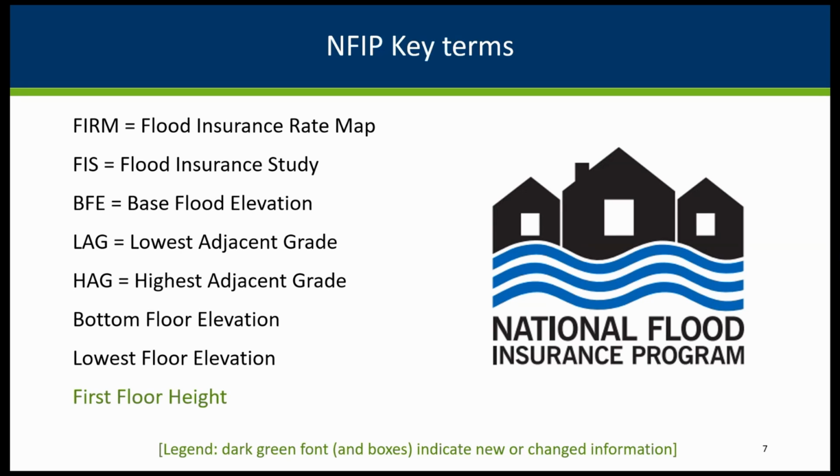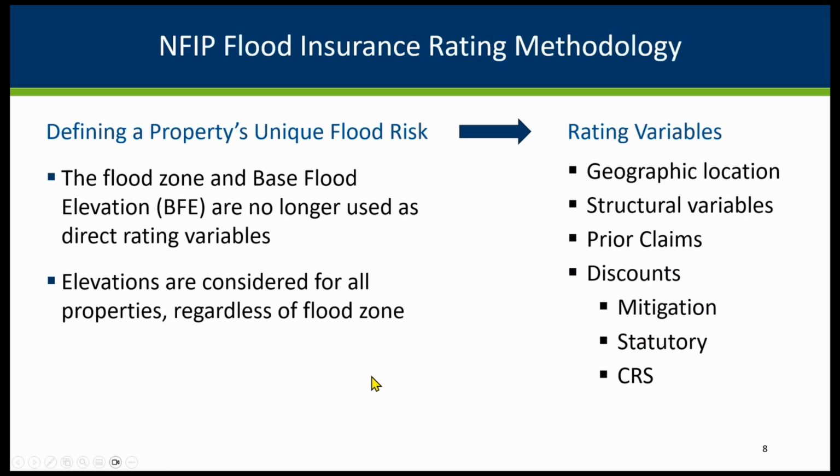Highest adjacent grade gets used on the elevation certificate, gets used sometimes for some of the calculations, isn't used as frequently for regulations. We'll get into more about the bottom floor elevations versus the lowest floor and the first floor height. The first floor height's a new term in the FEMA Risk Rating 2.0 and the new way that FEMA's doing the rating of flood insurance policies. And we'll get into more details on those definitions and how they're used.